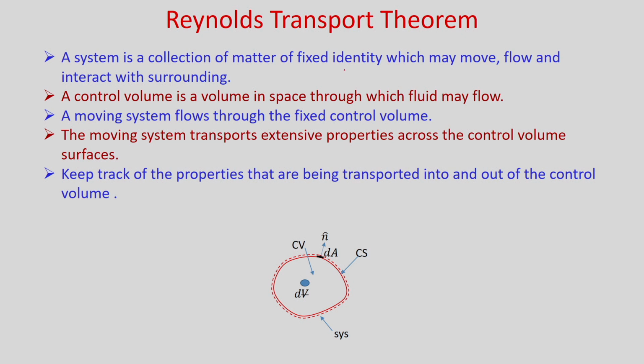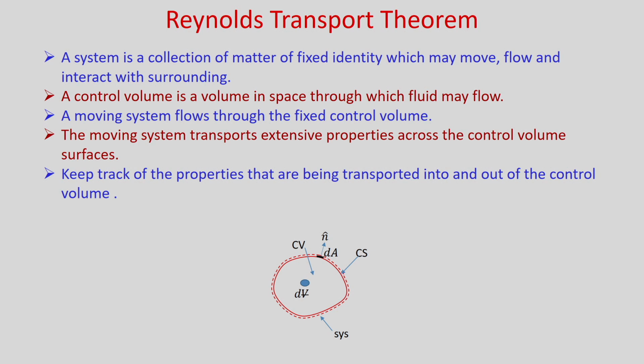You can see that a system is a collection of matter of fixed identity which may move, flow and interact with surroundings. So, it will have the same mass inside a system. A control volume is a volume in space through which fluid may flow. So, obviously, it is convenient for fluid mechanics study to use the control volume approach. A moving system flows through the fixed control volume.